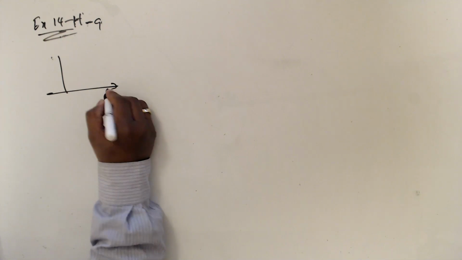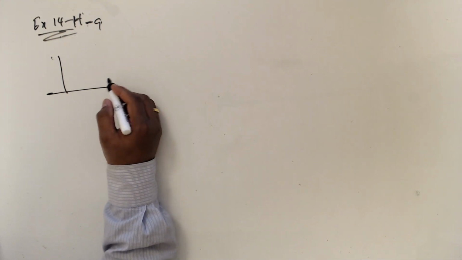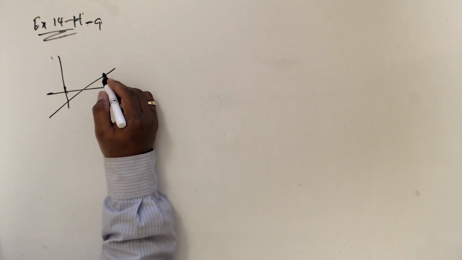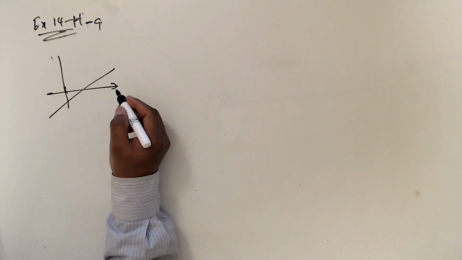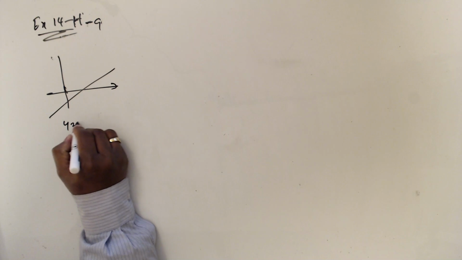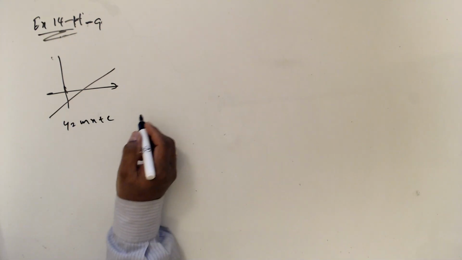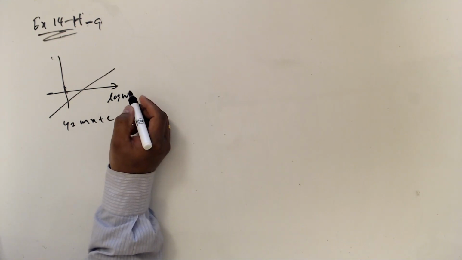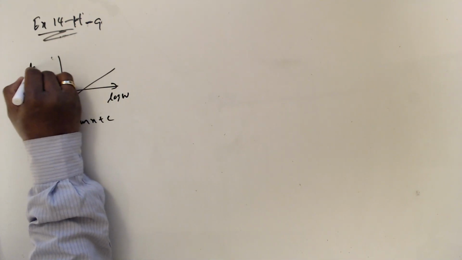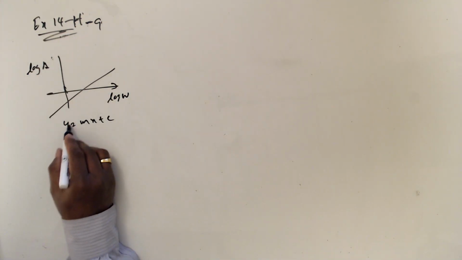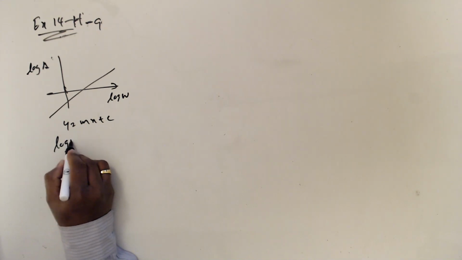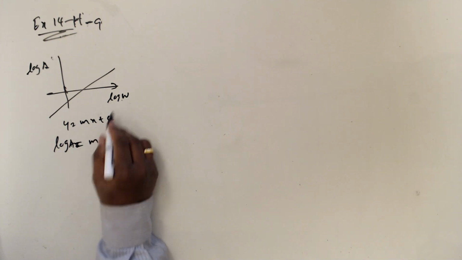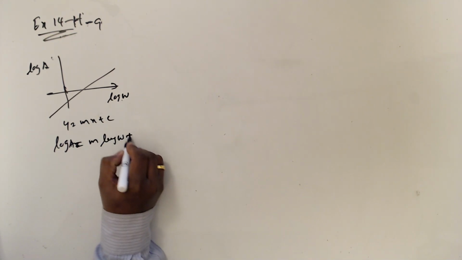Question number 9. The first question is write down the equation. So as I said earlier, it's straightforward. So y equal mx plus c form. So this is going to be log w and log a. So y is log a, gradient m is log w plus c.